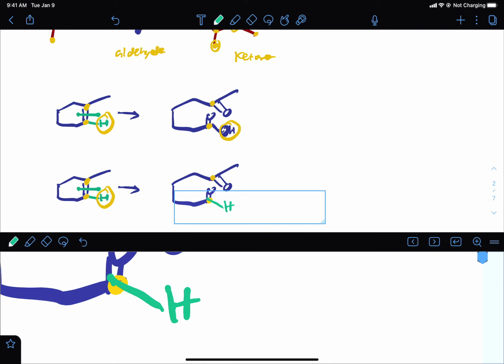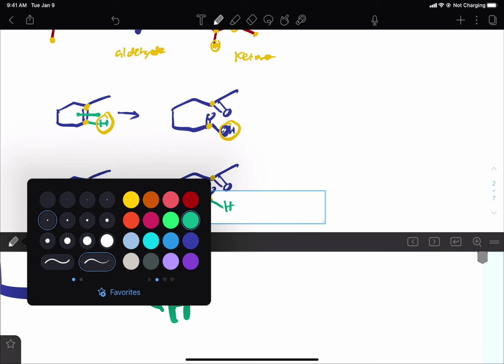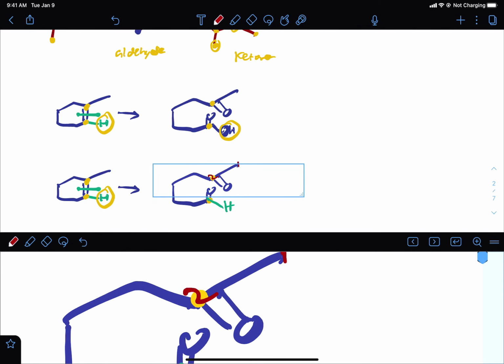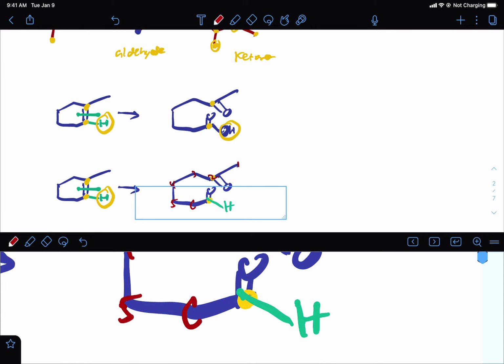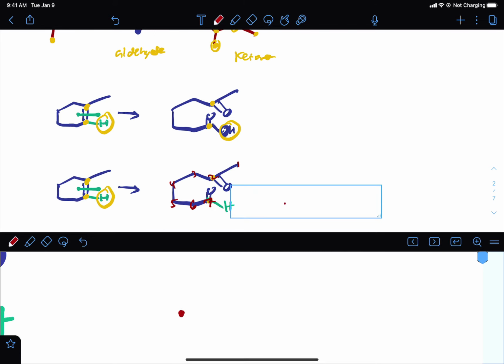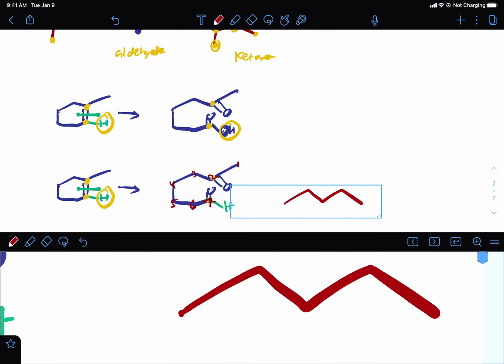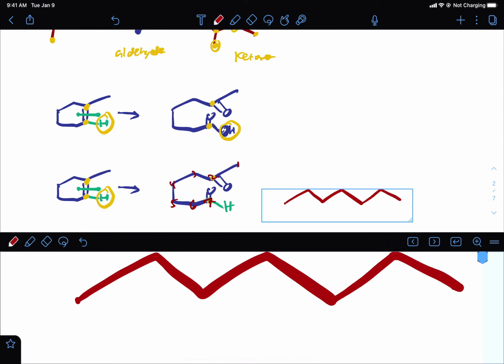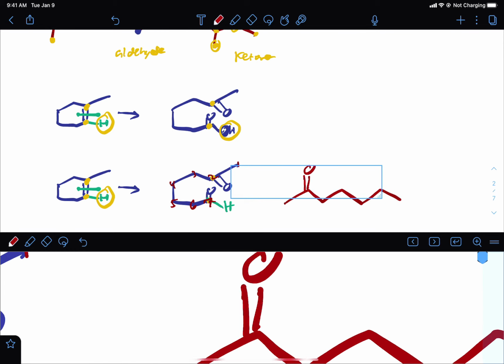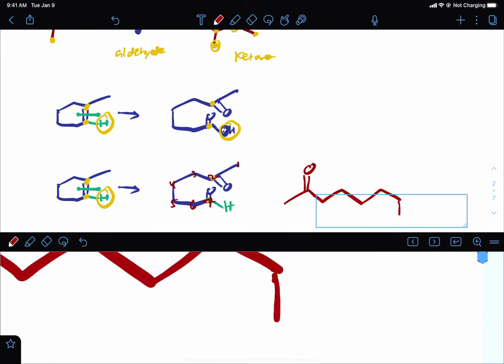Okay. If you wanted to, you could draw this out, we've got 1, 2, 3, 4, 5, 6, 7. So it's a 7 carbon chain. On carbon 2 is the carbonyl. That's a ketone. Here on carbon 7, it's an aldehyde.